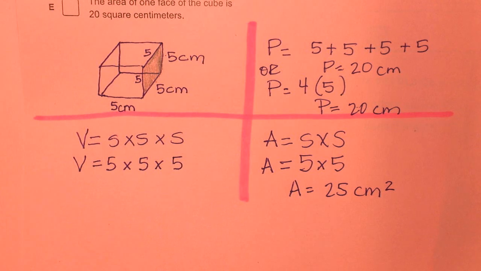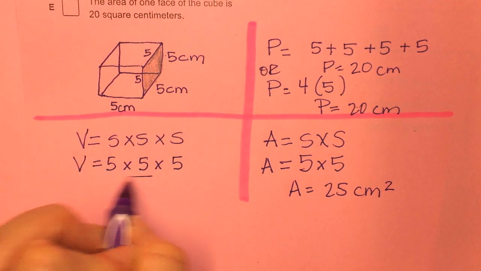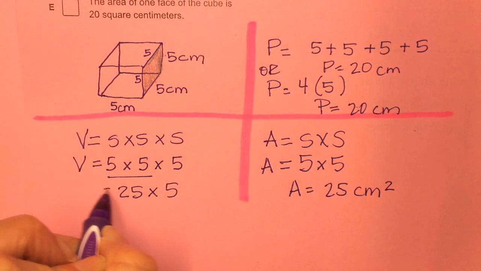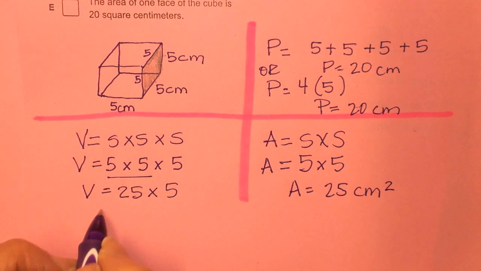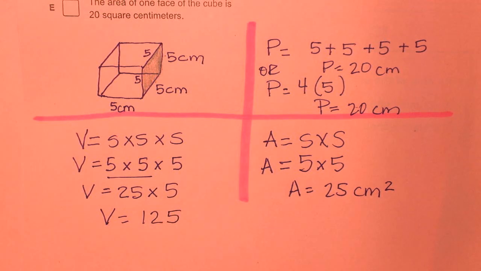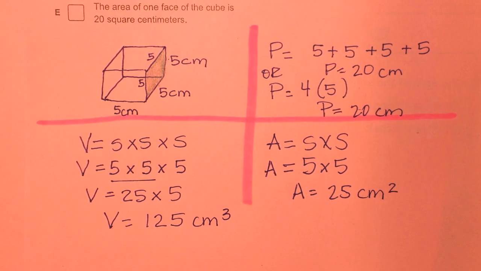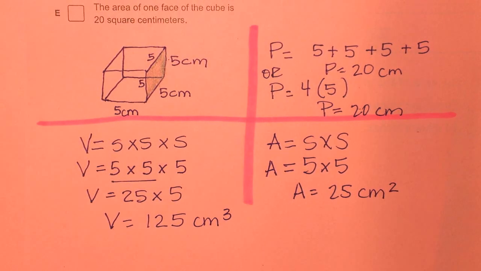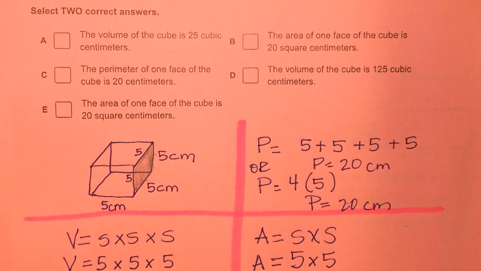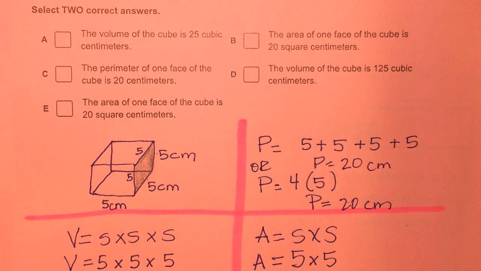And so to find the volume, 5 times 5 is 25, and 25 times 5 is going to give me 125. And that is cubic centimeters. Once I have those pieces, this problem becomes very easy for me.